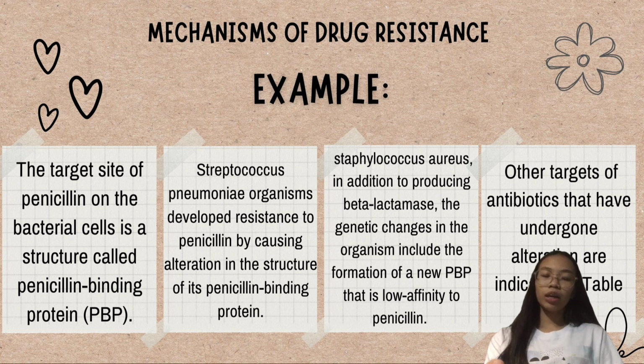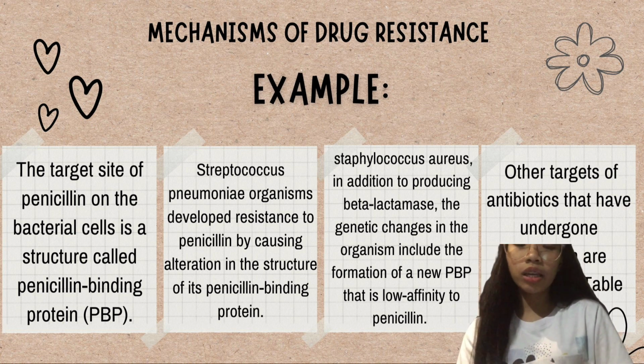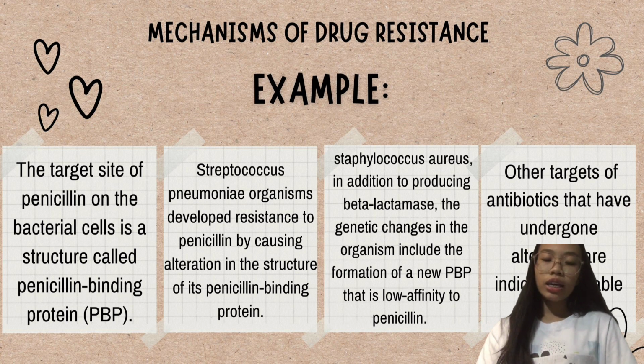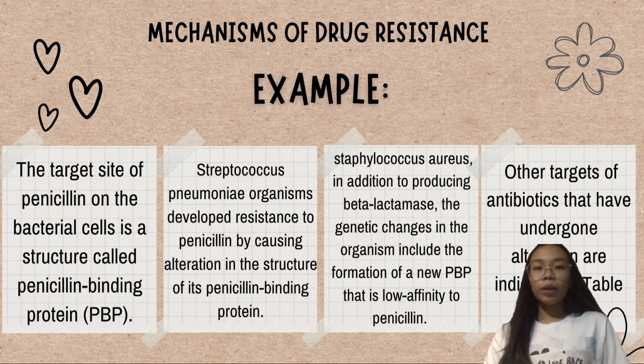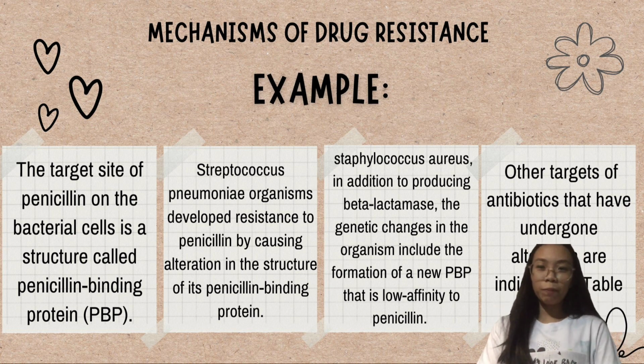Next slide. This is an example of mechanisms of drug resistance. First, the target site of penicillin on the bacterial cell is a structure called penicillin binding protein, or PBP. Sorry.